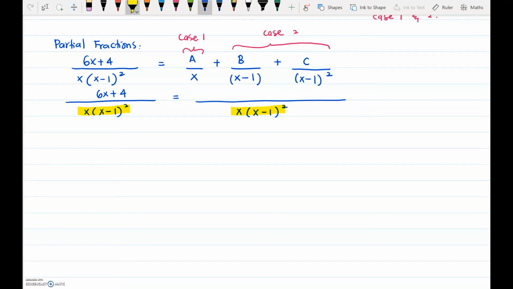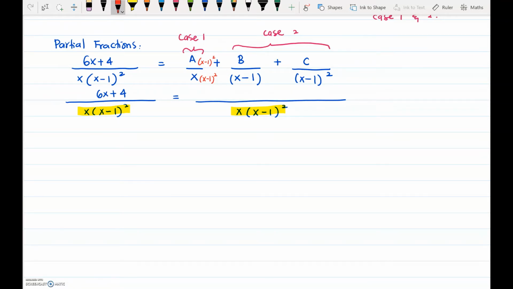Continue. What will be your numerator? Since you want to write the denominator in the form of x times (x minus 1) squared, for A you have to multiply by (x minus 1) squared.